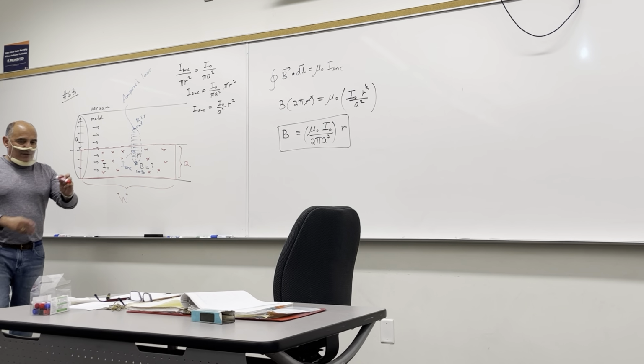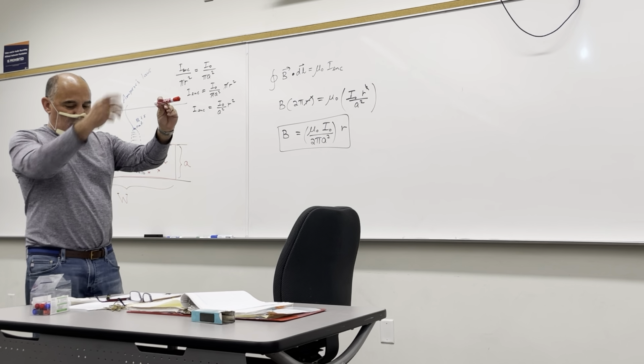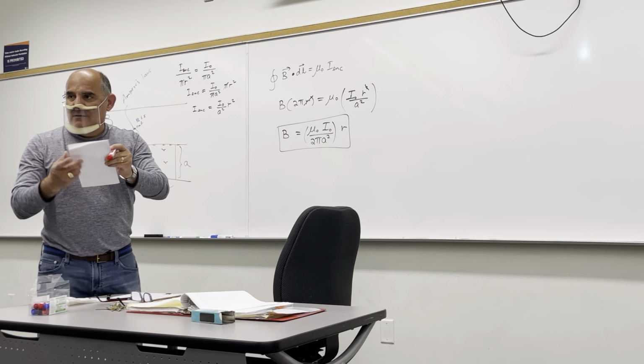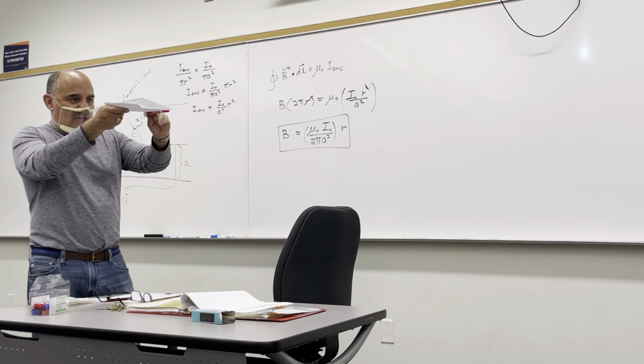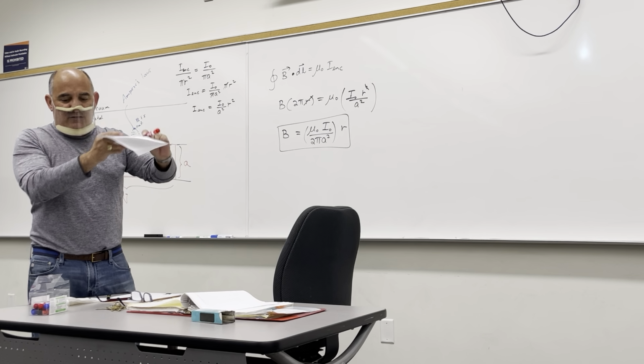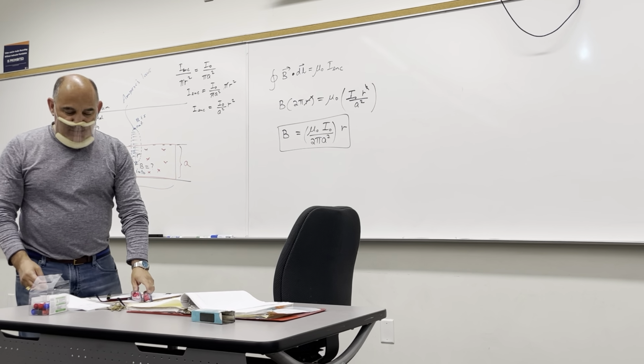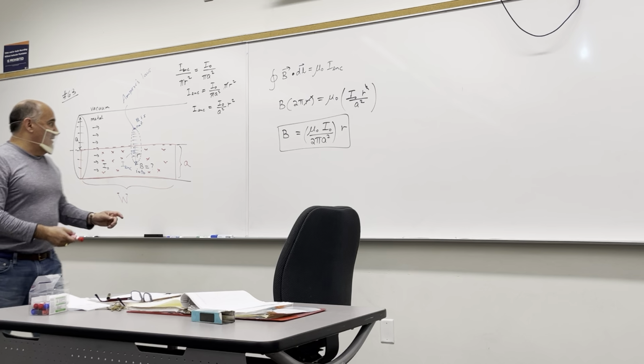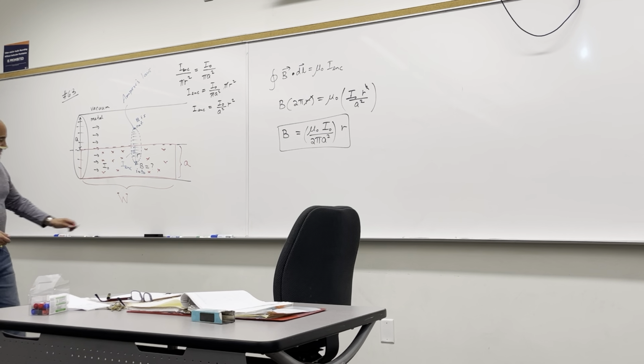So it's like you have this tube like that, and I take a sheet and go like this, extending from the axis to the edge of the tube. So how do you find the magnetic flux through that? Well, the magnetic field is changing with distance.